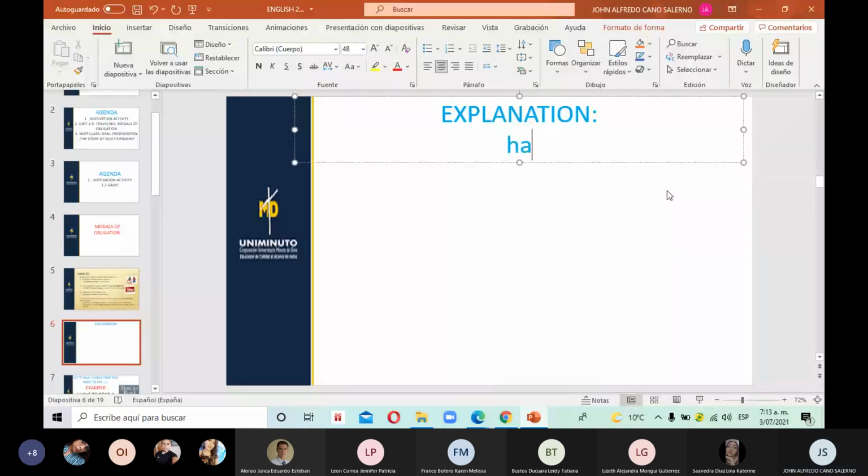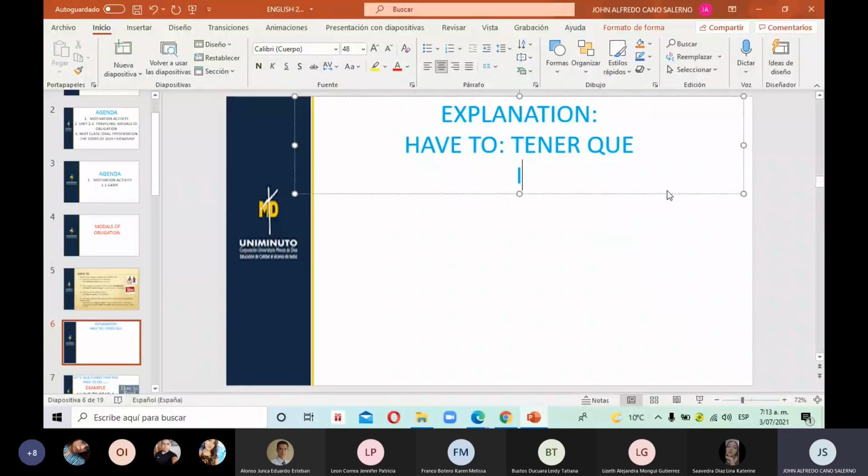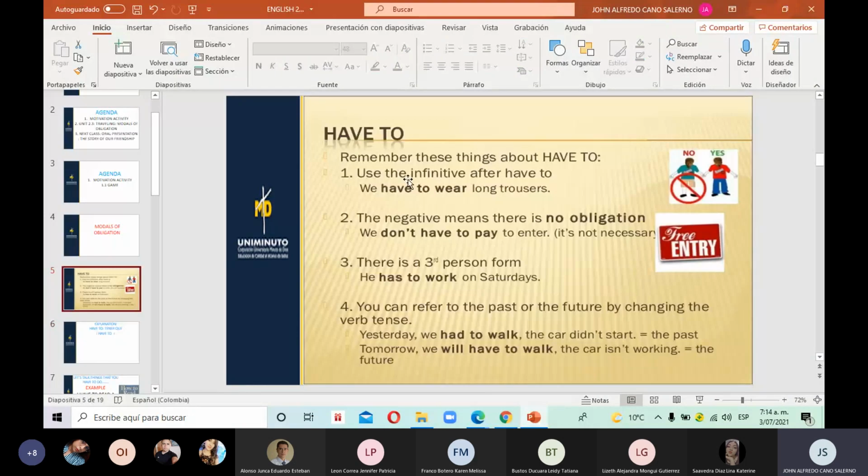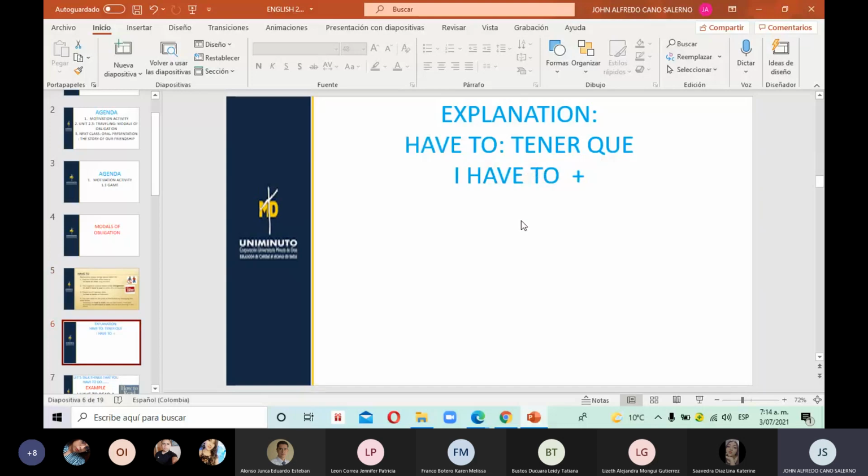Have to. In Spanish, it's like tener que, and we have I have to plus the infinitive verb.